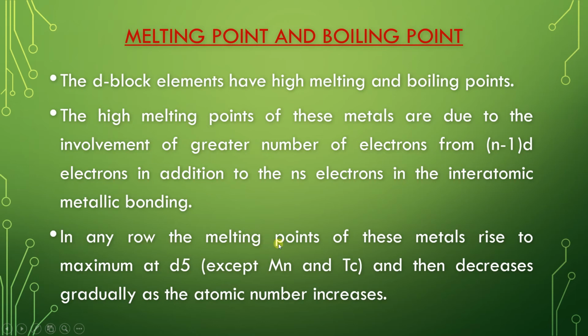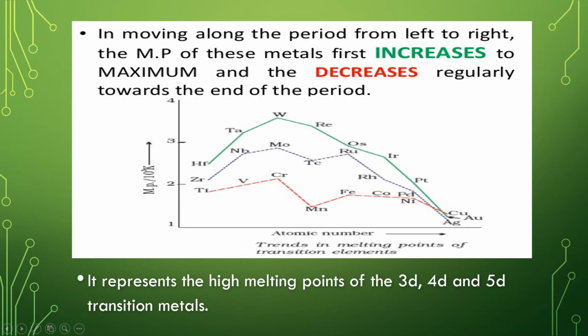In any row, the melting points of these metals rise to a maximum at d5 except manganese and technetium, and then decrease gradually as the atomic number increases. So in this graph, melting point against atomic number, we observe the 3d series, 4d series and 5d series. Moving along the period from left to right, the melting point of these metals first increases to a maximum and then decreases regularly towards the end of the period.